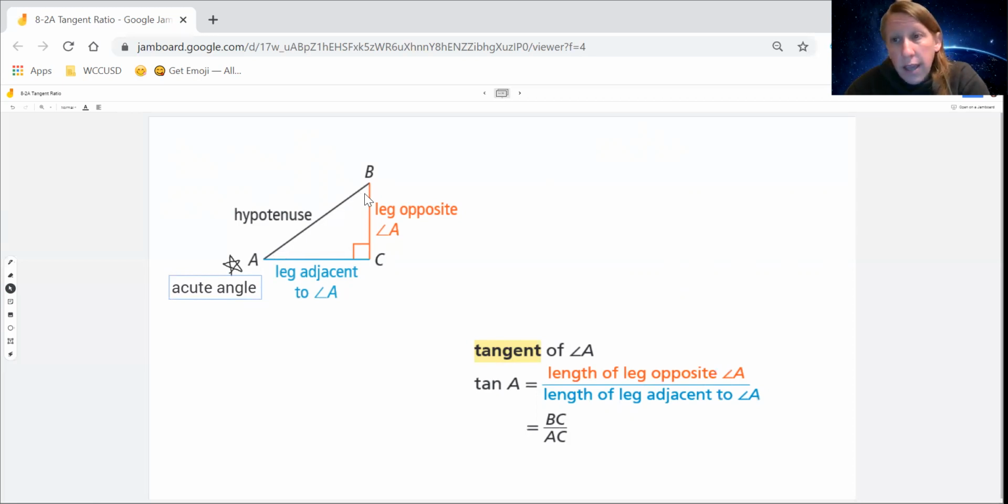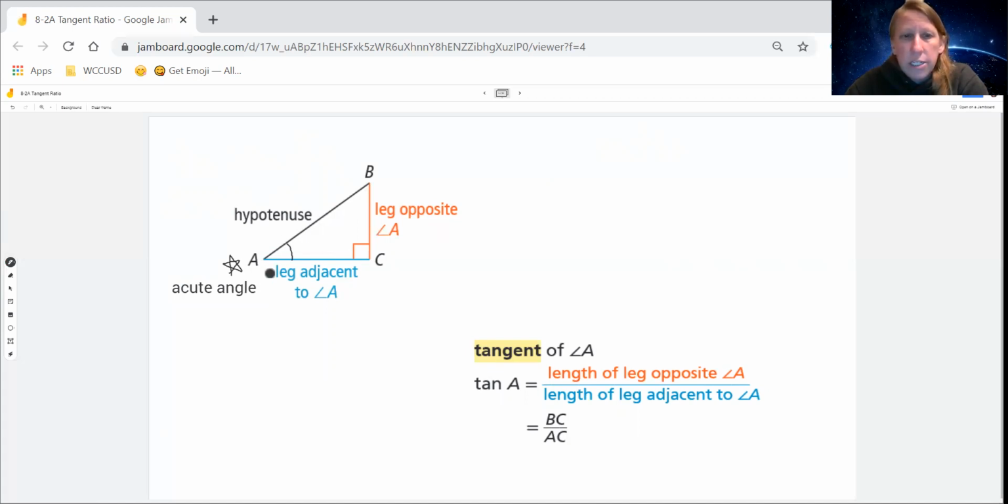If angle A is the angle I'm interested in, then I want you to put a star next to it. I'll be asking you to do this on the final as well. From this angle, we are going to label which leg is opposite. It's all the way through the triangle to the opposite side.